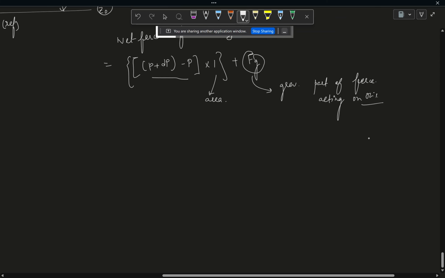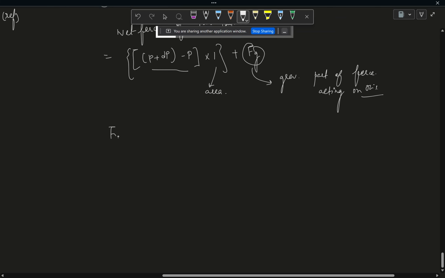Now what will be the gravitational force? Of course, this is basically m times g, the mass times the gravitational acceleration g.